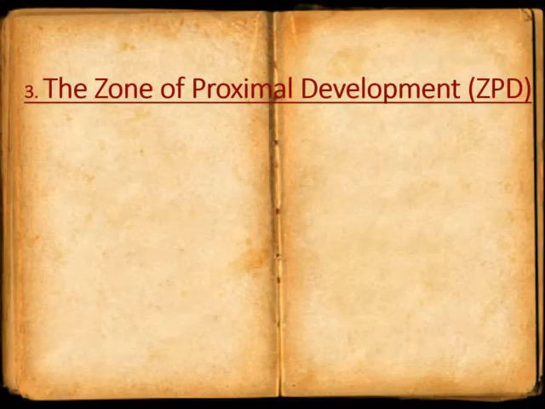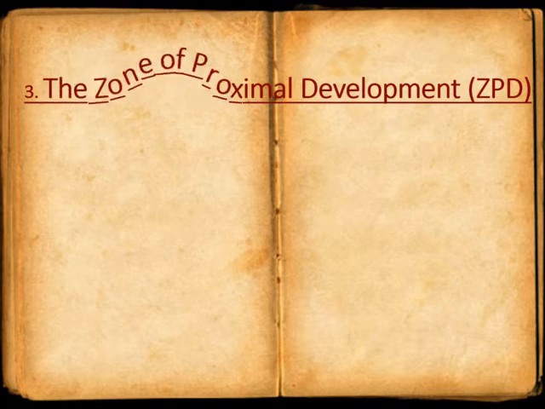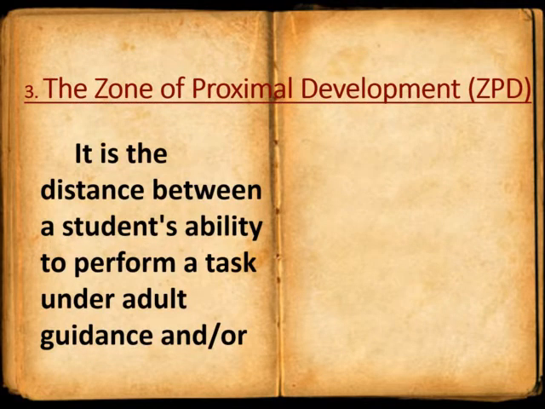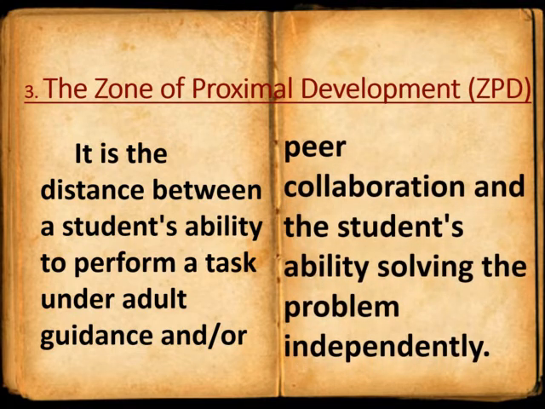The zone of proximal development, ZPD. It is the distance between a student's ability to perform a task under adult guidance and/or peer collaboration and the student's ability to solve the problem independently.